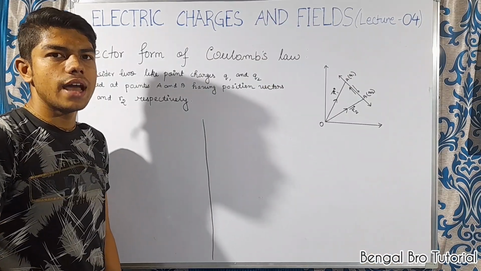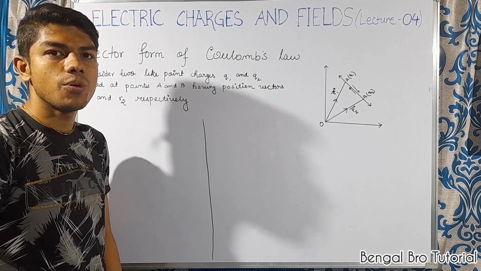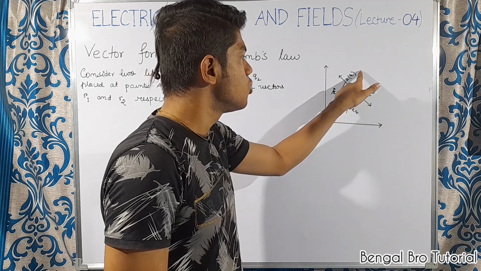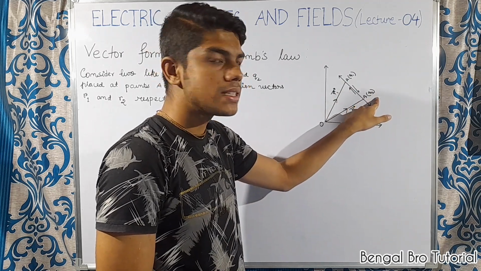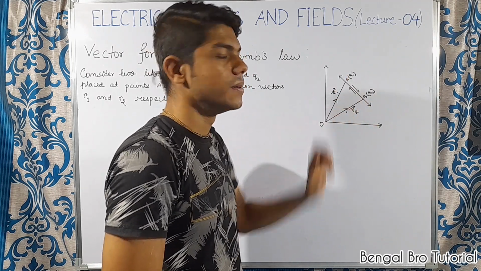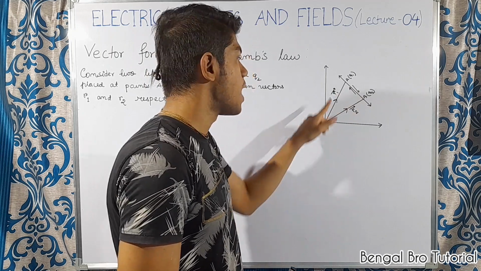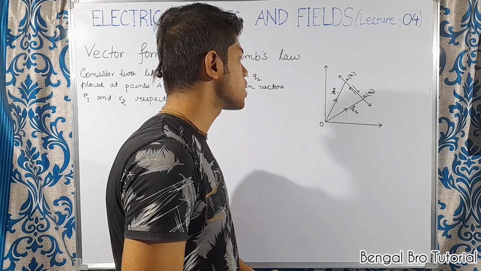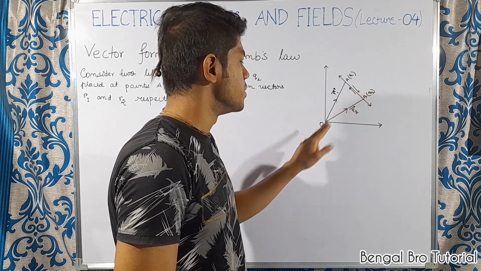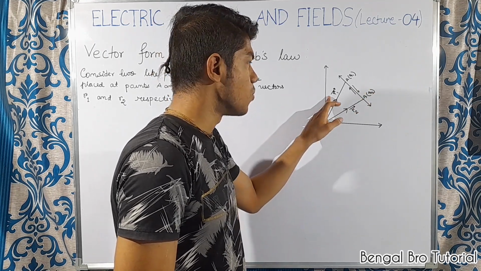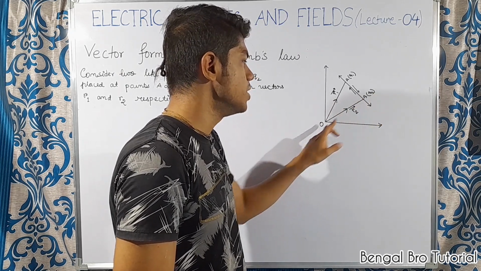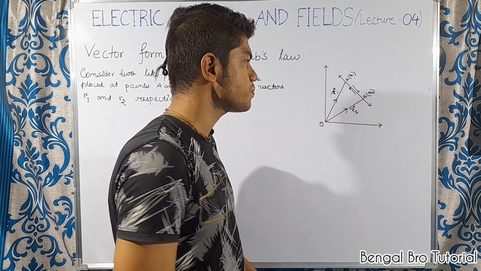In order to derive it, let us consider two point charges q1 and q2 placed at points A and B having position vectors r1 and r2, which means that the position of charge q1 with respect to origin is r1 and the position of charge q2 with respect to origin is r2.